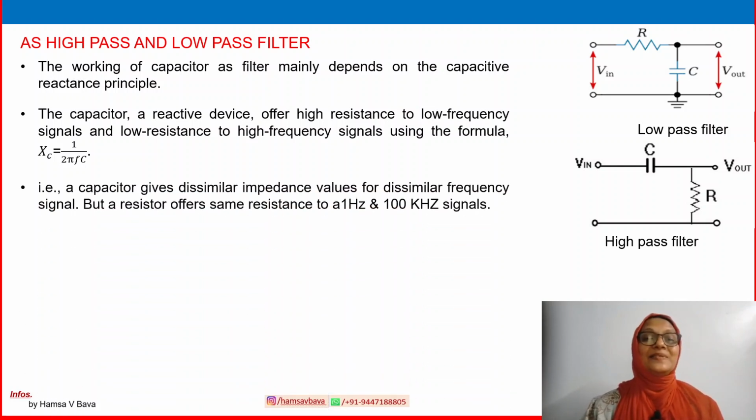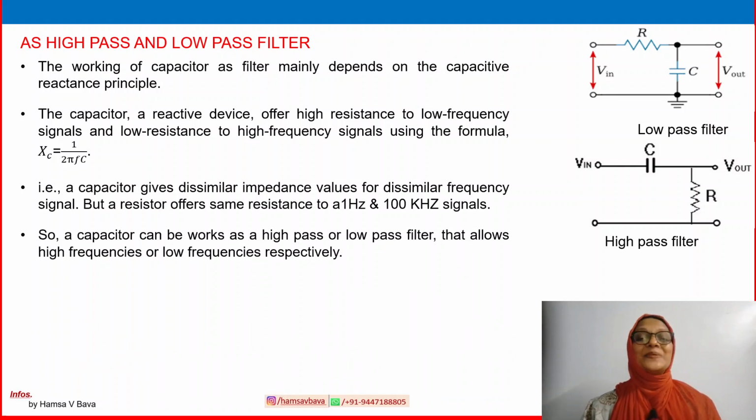That is, a capacitor gives dissimilar impedance values for dissimilar frequency signals, but a resistor is not so. It offers the same resistance to a 1 Hz as well as a 100 kHz signal. So a capacitor can work as a high pass or low pass filter that allows high frequencies or low frequencies to pass respectively.